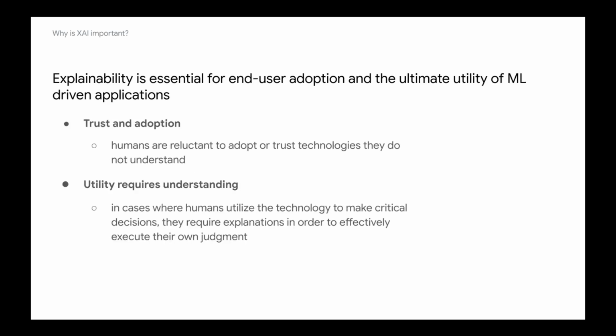And in general, humans, we don't like to adopt things if we don't understand it, if we don't believe in it. So it's important for trust and adoption. We are more inclined to use a product if we understand how and why it behaves. And also, sometimes you need to know the why behind a prediction in order to just move forward with whatever the task is.